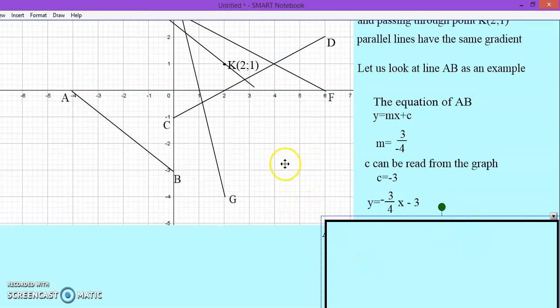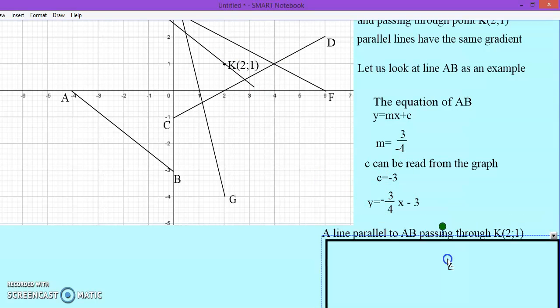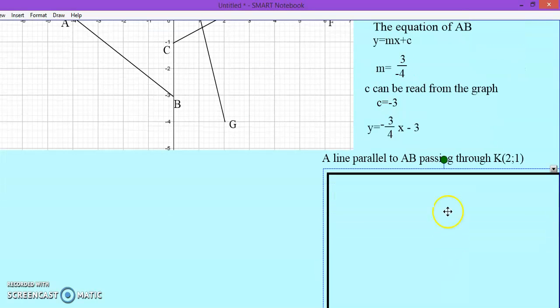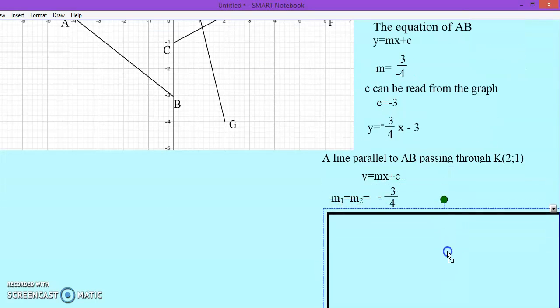So, I want to know what is the equation of this line that is parallel to AB and passes through K. Firstly, I know that the gradient is the same. Slope is the same. So, lines that are parallel, the slope is the same. So I say gradient 1 is equal to gradient 2, which is equal to negative 3 over 4.